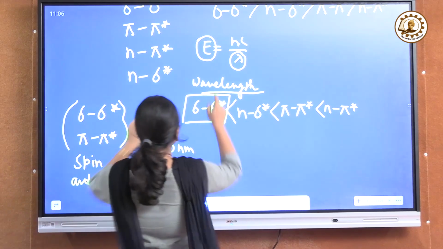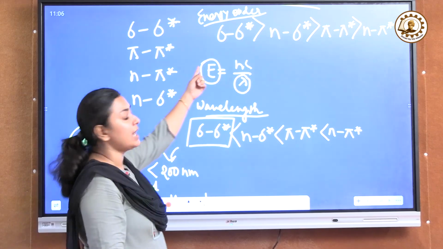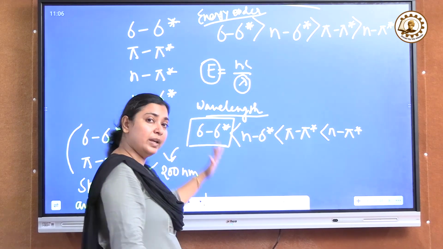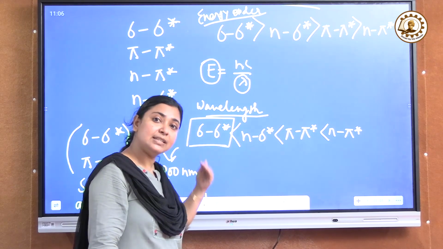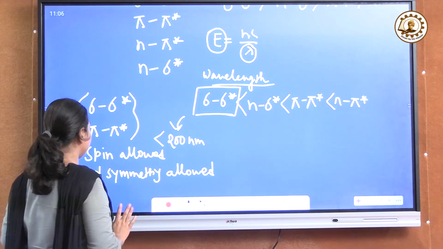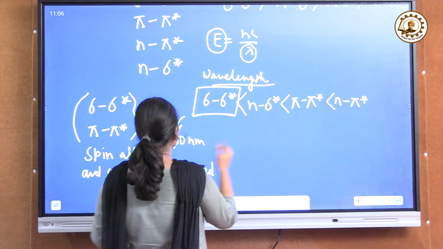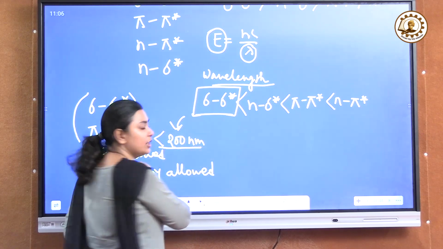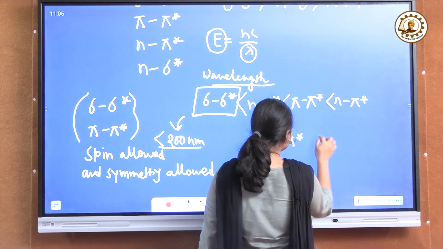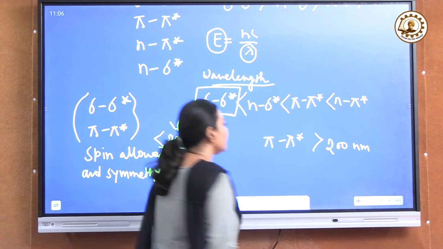Now, from the energy order, we can say that sigma sigma star requires the highest amount of energy, while in the wavelength order it requires the lowest. It will show the lowest wavelength in the region. So the corresponding wavelength for sigma sigma star is less than 200 nanometer, while the corresponding wavelength for pi pi star is greater than 200 nanometer.